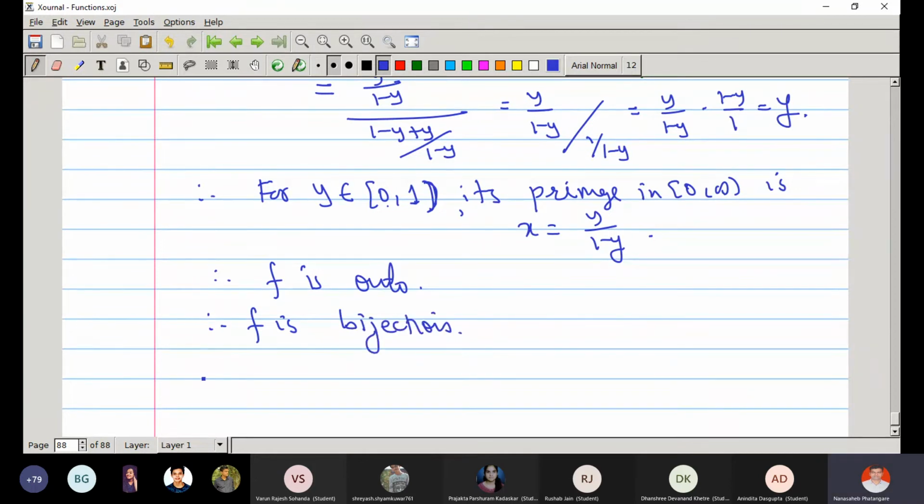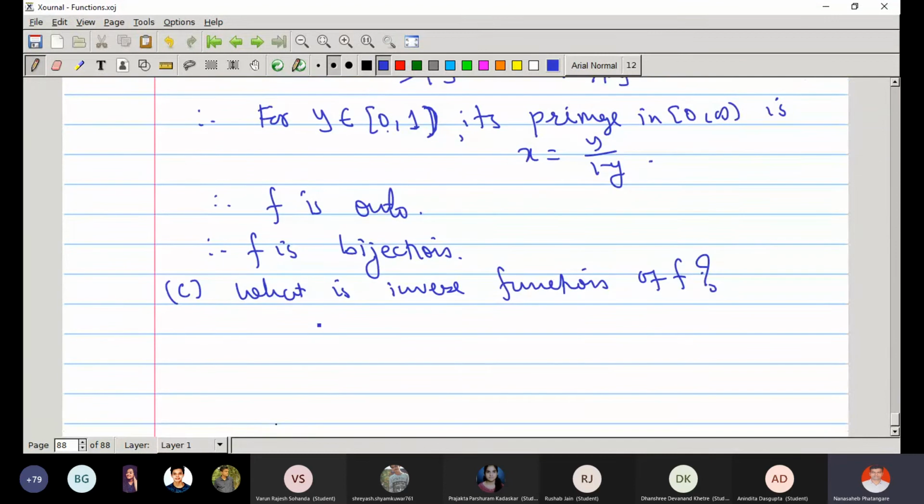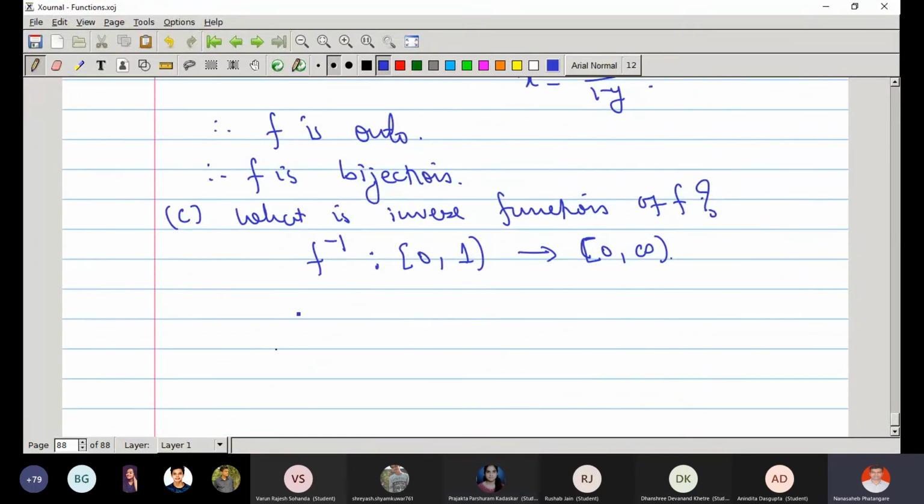Now the next question I would like to ask: what is the inverse function of f? What is the domain of the inverse function? 0 to 1. And the codomain is 0 to infinity. What is the inverse function, which we already calculated?